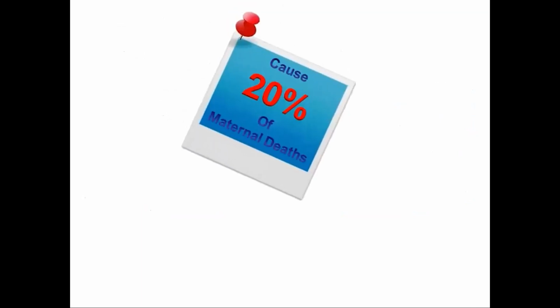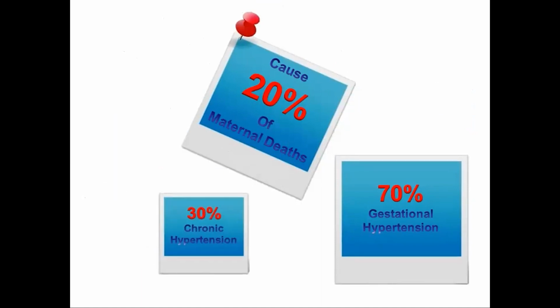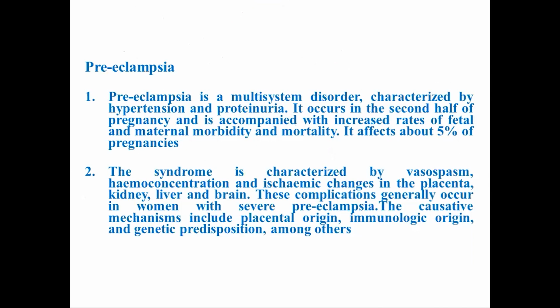So hypertensive disorders in pregnancy are 70% from gestational hypertension, or that is, they appear during the gestation, and 30% are due to chronic hypertension. And the overall cause of hypertensive disorders is 20% of direct maternal death.